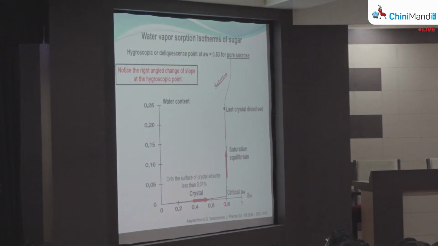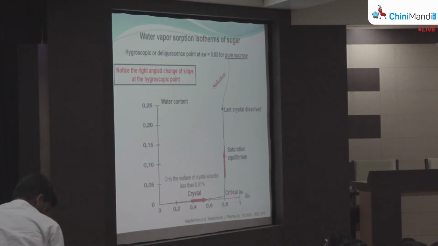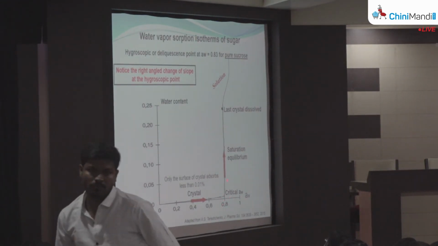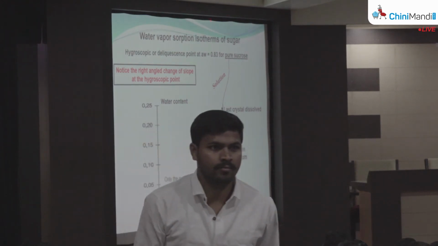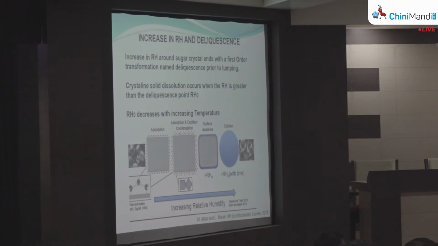And when you reach this, you reach the critical water activity, and absorption of water becomes exponential. This proceeds through steps. First, absorption of water, then dissolution at the surface, and if you increase your relative humidity, you can even reach the dissolution of the crystal.